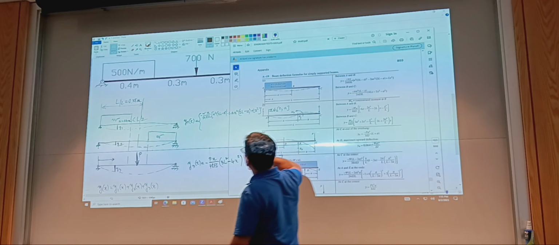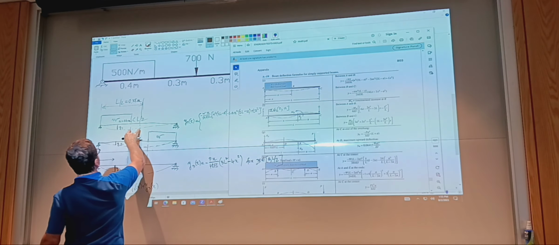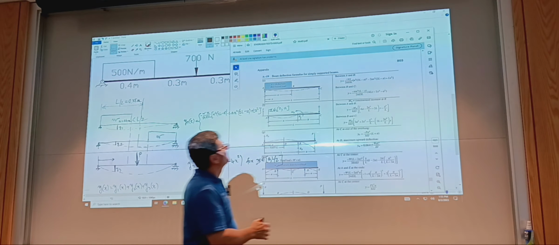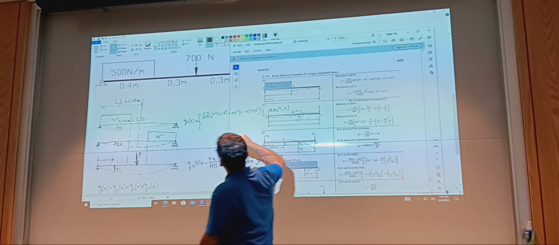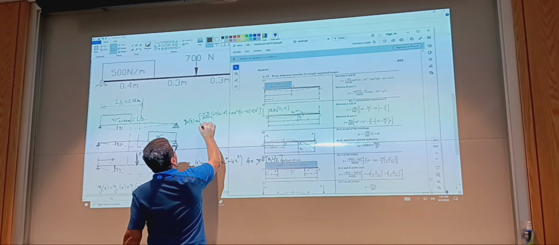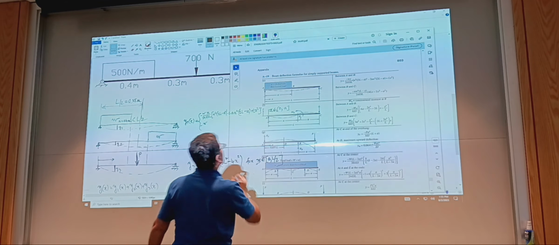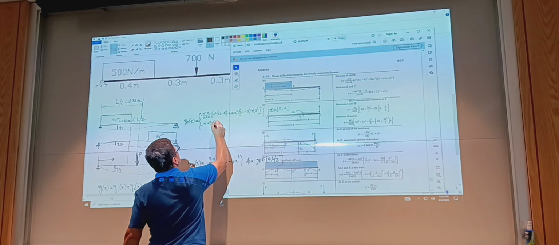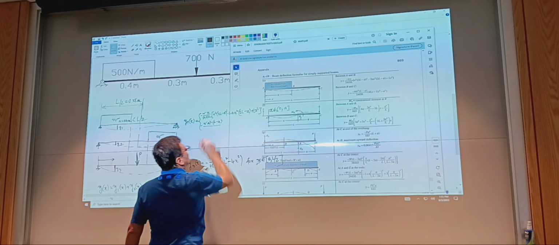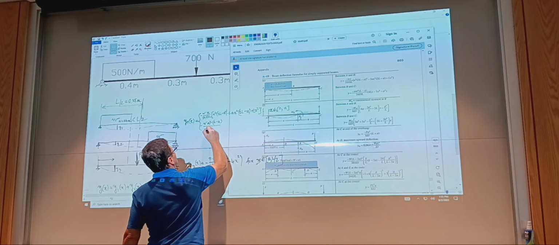And then it says between B and C. So between B and C, that will be this interval. I need to essentially repeat this equation: negative W A squared, and then I have L minus x over 24 EIL.